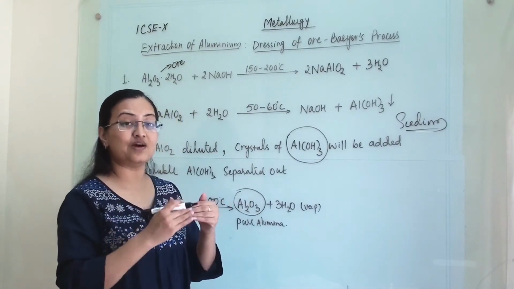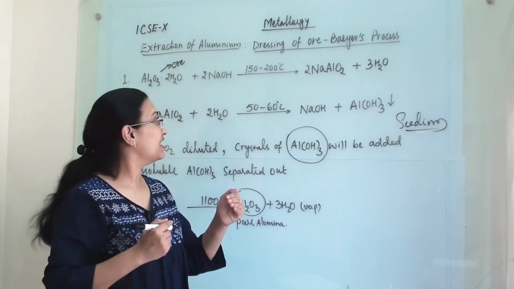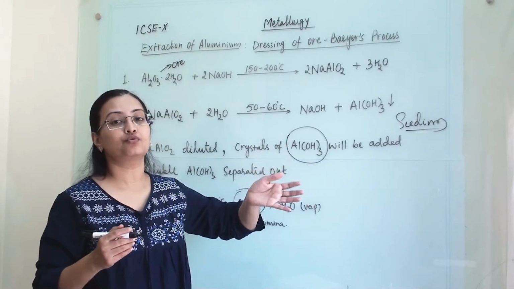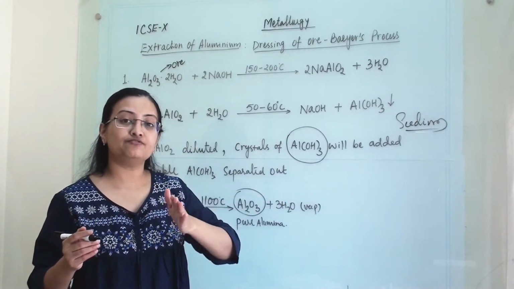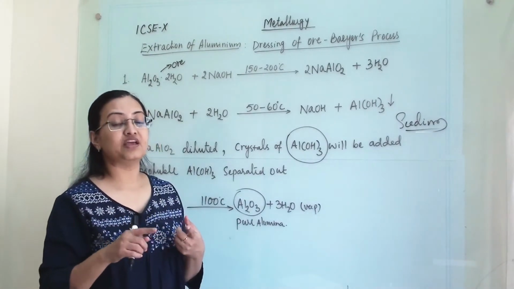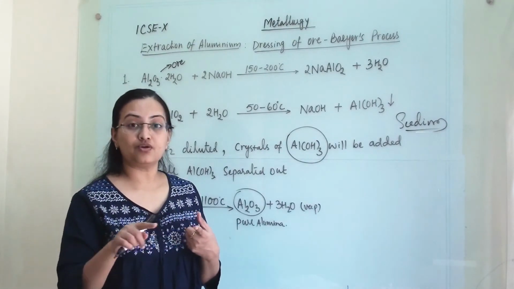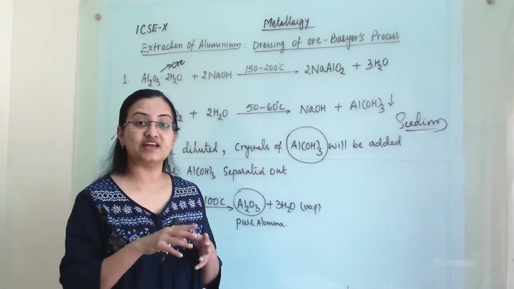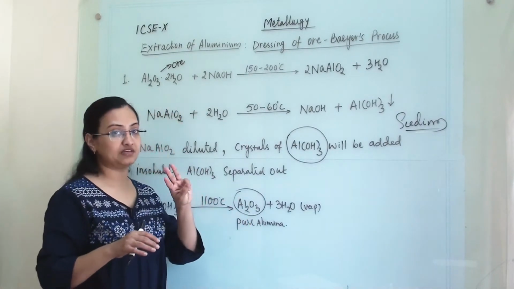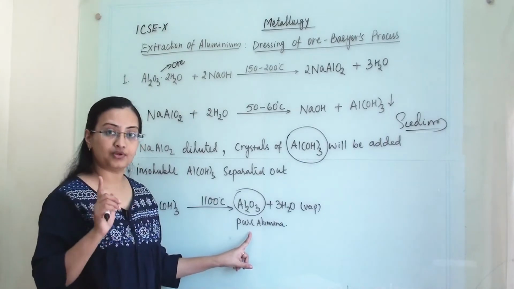So till now we have covered only the first step, that is dressing of ore. In this we are converting our ore into concentrated form by removing all those earthen impurities. In this step we have eliminated iron(III) oxide, silicon dioxide and some other impurities, and after 3 chemical reactions, we got pure alumina.